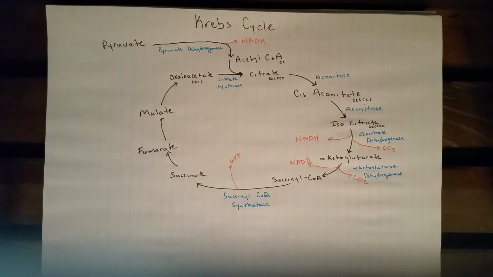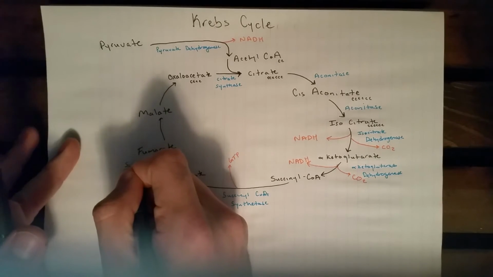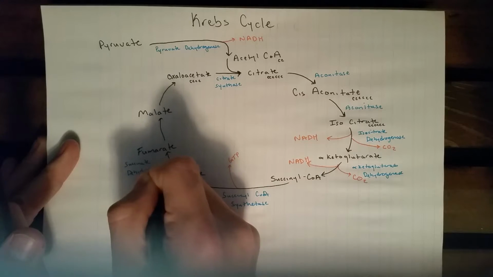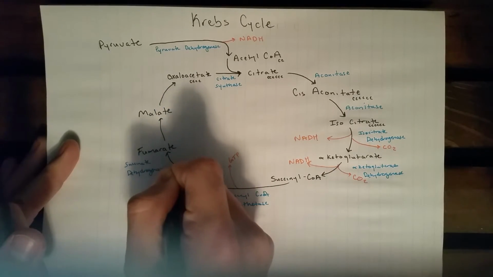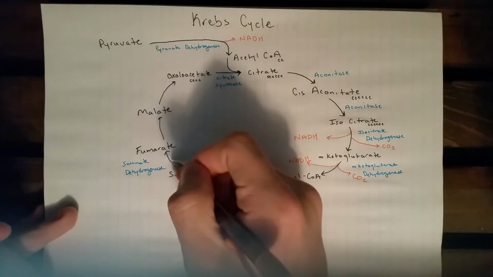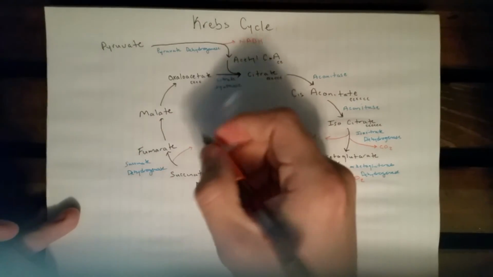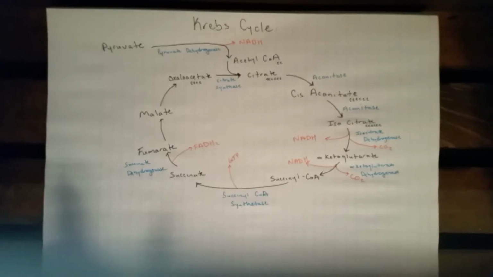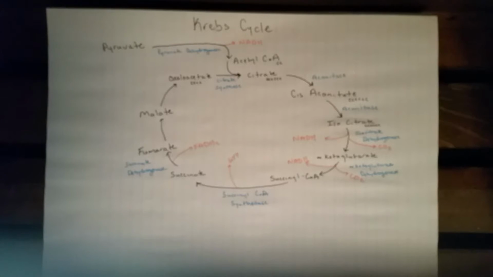So the enzyme from succinate to fumarate is another complex, succinate dehydrogenase. And then here, unlike an NADH and a GTP, we pick up an FADH2. Another form of creating energy, and that comes in the next system here.